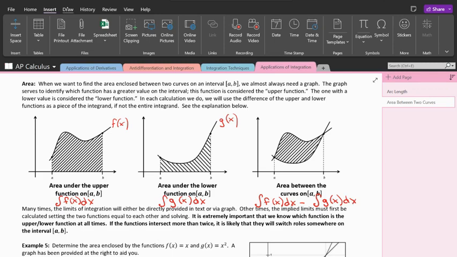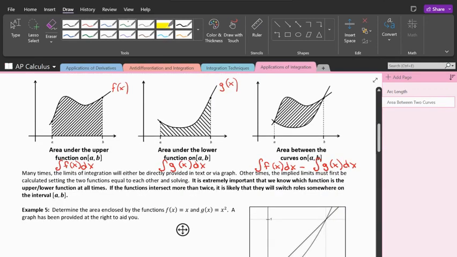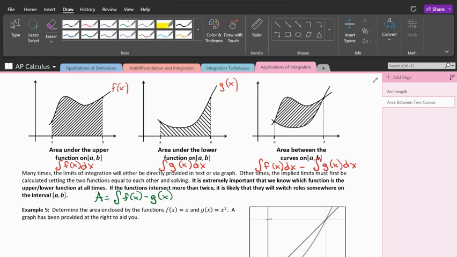However, because they are both in terms of x, we can write these as a single integral, and say that area is going to be the integral of f of x minus g of x dx. And sometimes it'll help to do the algebra in between first.